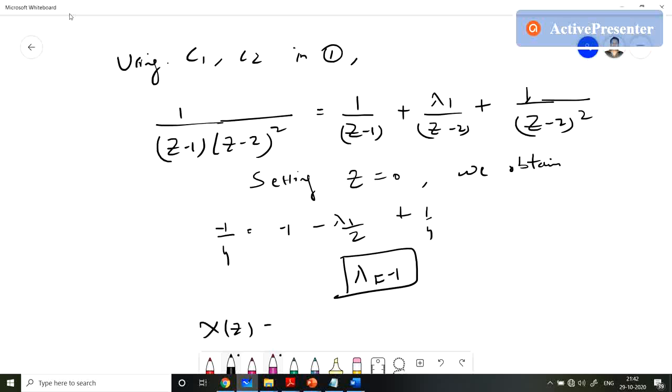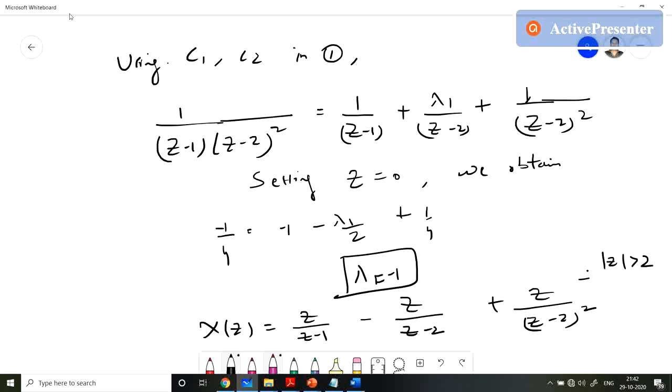So X(z) is written as z divided by z minus 1, minus z divided by z minus 2, plus z divided by z minus 2 whole square, and this ROC is modulus of z greater than 2.